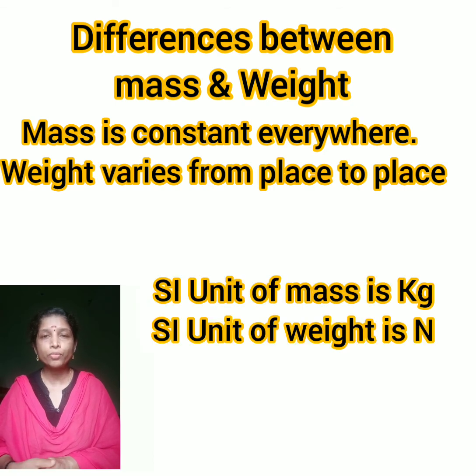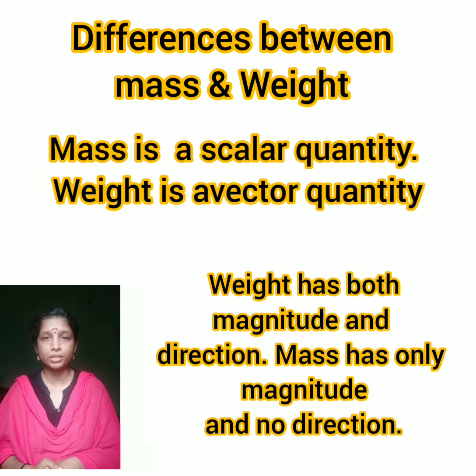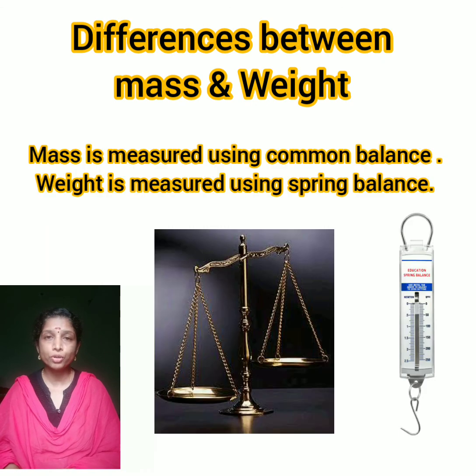The unit of mass is kilogram, the unit of weight is Newton, though for convenience we take kilogram as a unit of weight. Mass is a scalar quantity, weight is a vector quantity. Mass has only magnitude, but weight has both magnitude and direction. Mass is measured using a common balance, weight is measured using a spring balance. So all these are the differences between mass and weight.